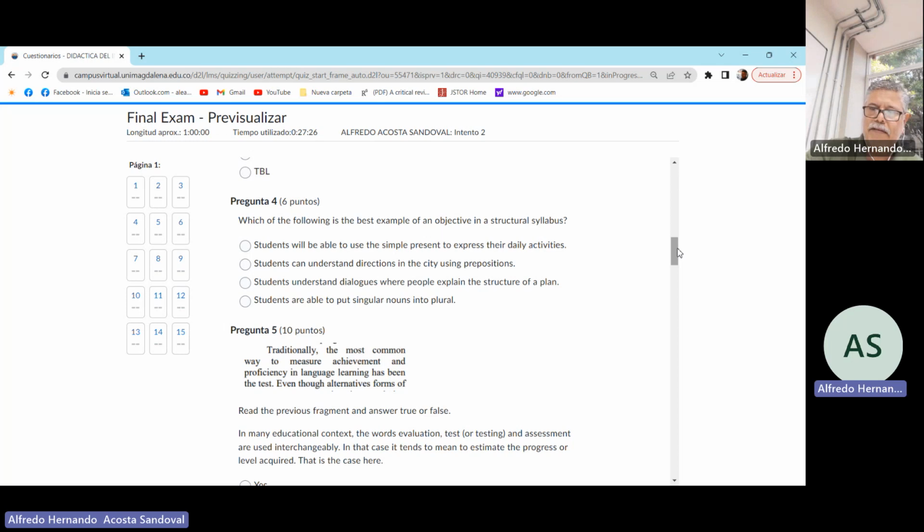So be careful, because the fact that you say simple present, simple past, the comparative, the superlative, is not enough to say that this is part of a structural syllabus. Even though a structural syllabus contains, of course, grammar topics, it is not enough. It is not enough, really.